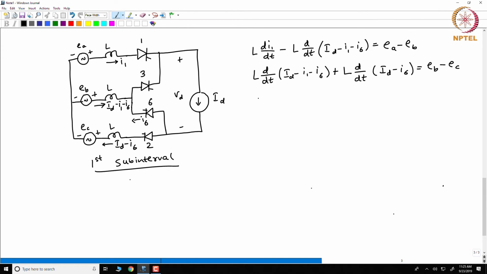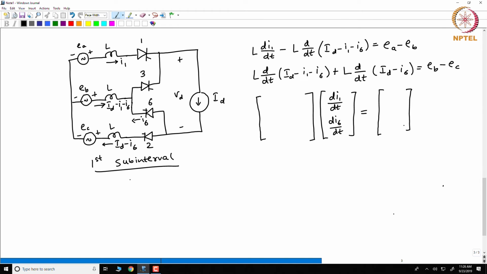So this can be written as a matrix times di1/dt, di6/dt. I will push this L onto the right hand side, and the right hand side becomes (EA minus EB)/L and (EB minus EC)/L.